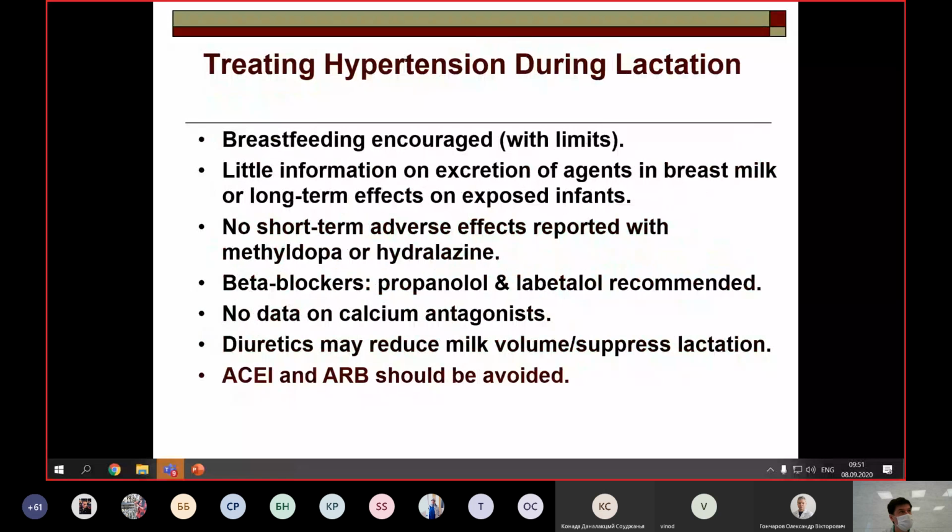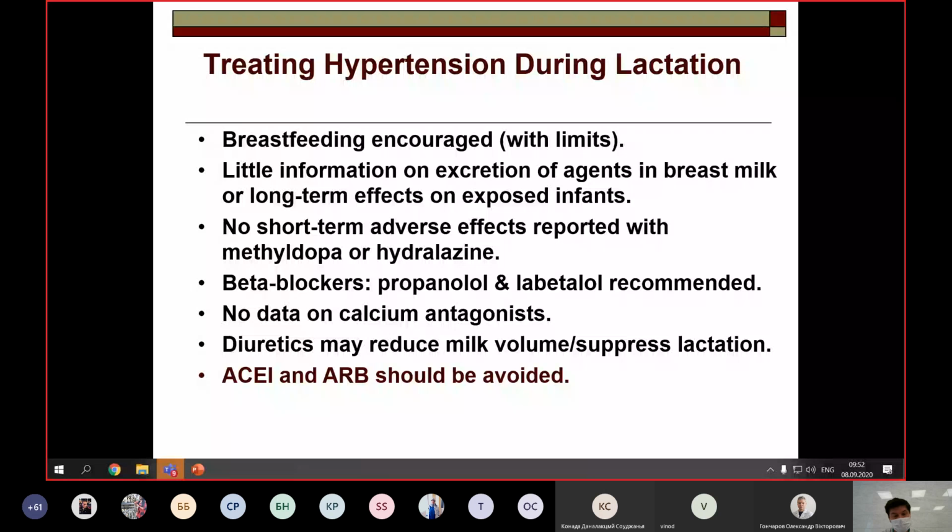Here are some recommendations that I can give. There is little information on the excretion of agents in breast milk and the long-term effects on exposed infants. Please carefully peruse the recommendations in the box with the drugs, and please use qualified and open resources to be aware of contraindications to using drugs in lactation.